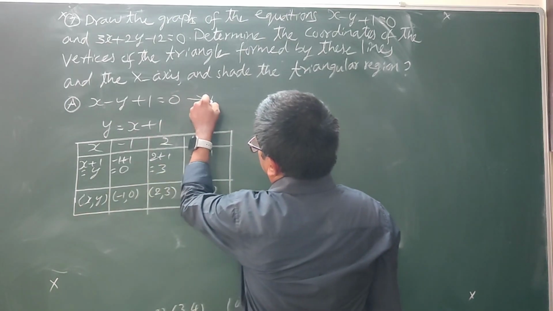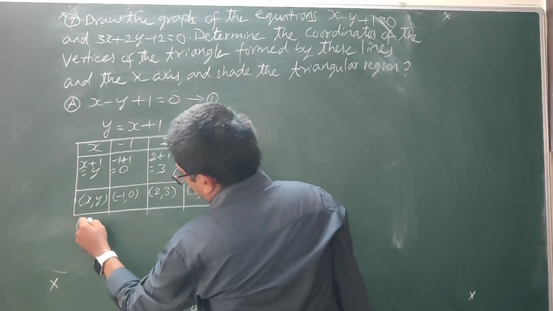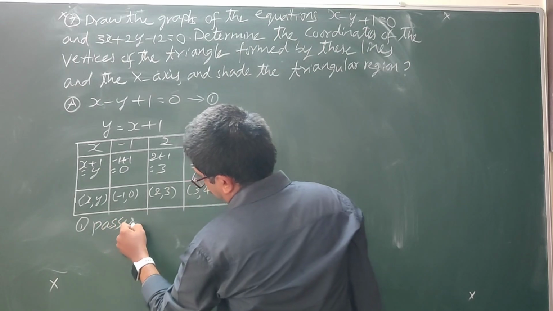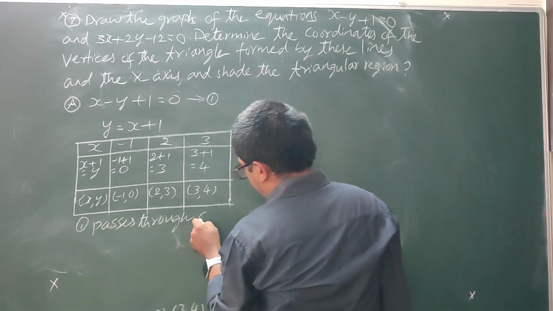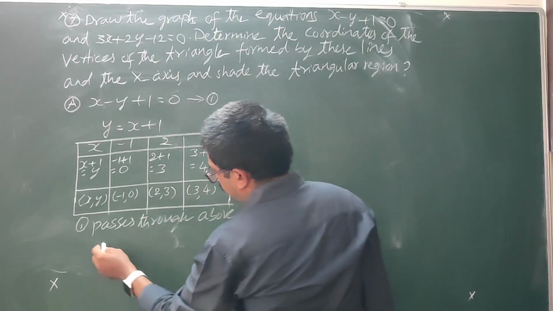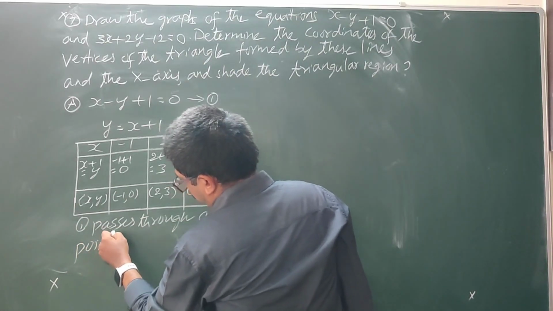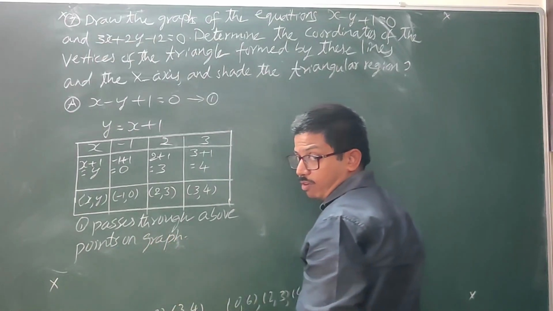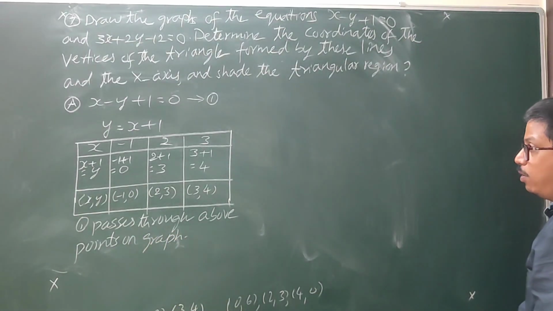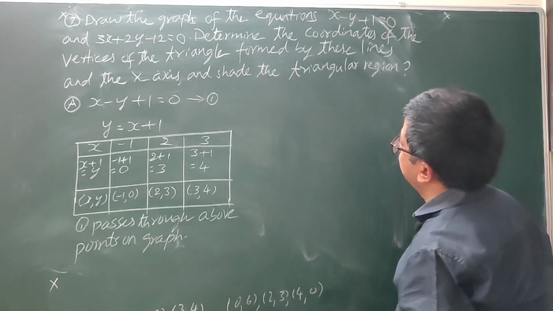So if I take this as 1, 1 passes through above points on graph.